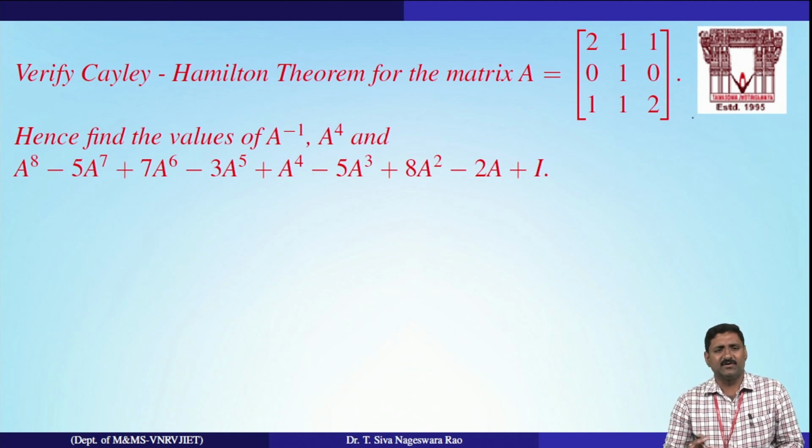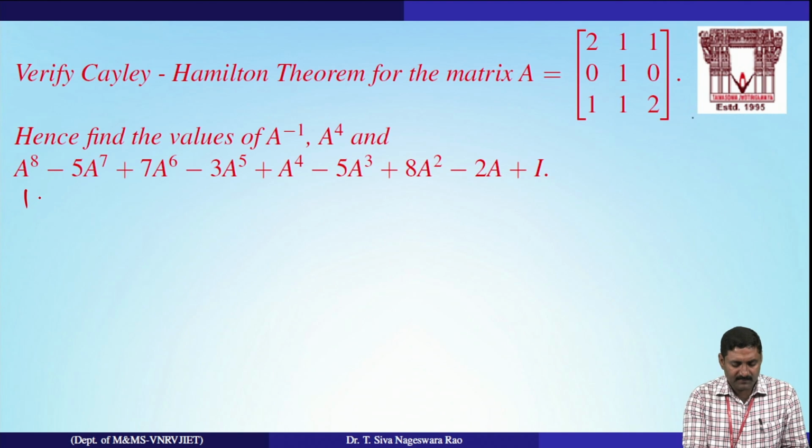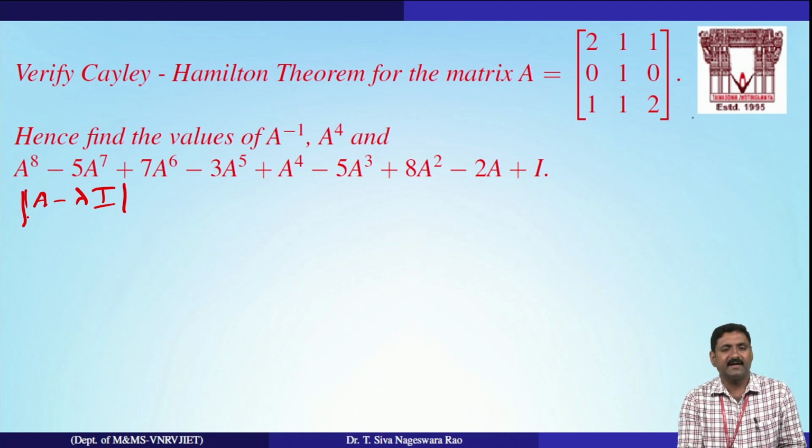with capital A, just for verification of the Cayley Hamilton theorem. Take the matrix capital A: 2 1 1, 0 1 0, 1 1 2. Now we will write A minus lambda I. This is the characteristic determinant, characteristic matrix, equal to 0.